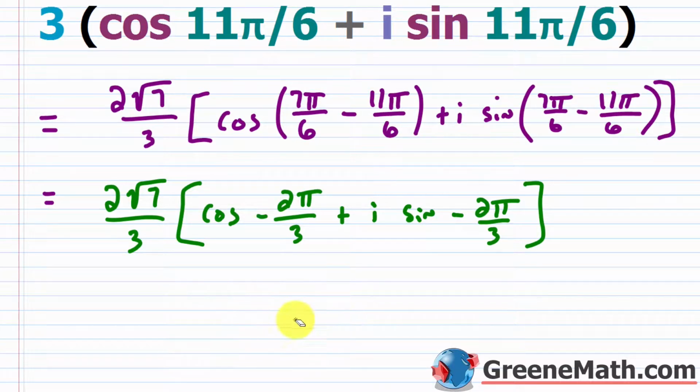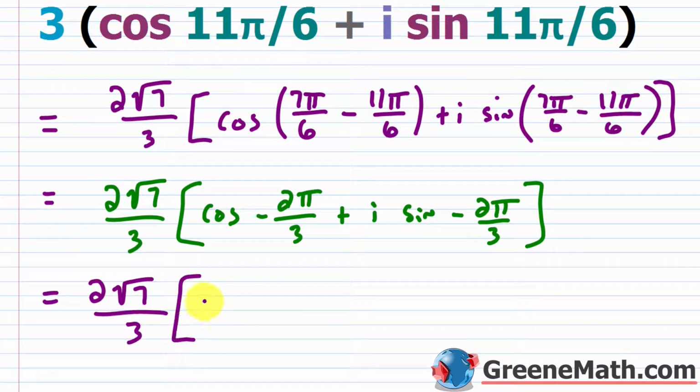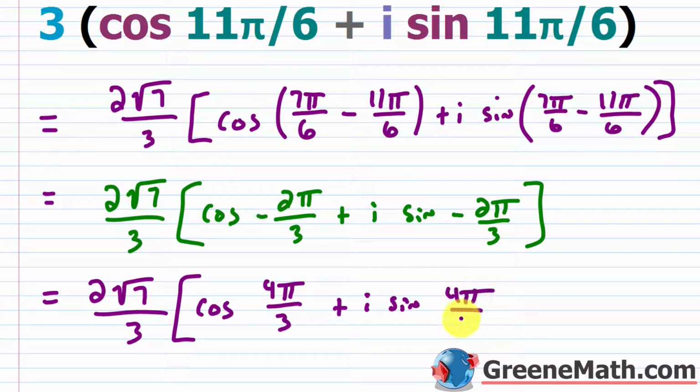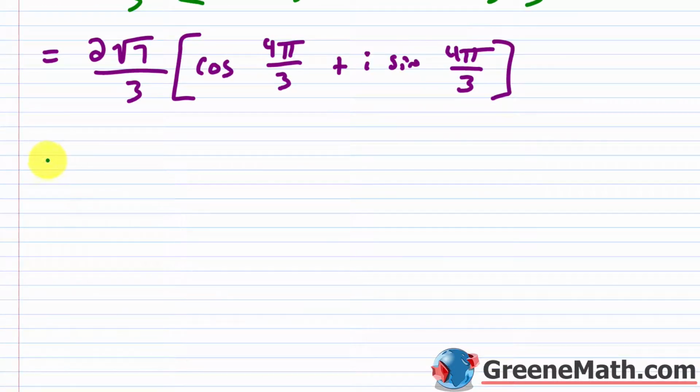So you could really write this and say that this is 2 times square root of 7 over 3, and then inside the brackets, the cosine of 4 pi over 3 plus i times the sine of 4 pi over 3. So for your rectangular form, what we'll do is we'll have 2 times the square root of 7 over 3.